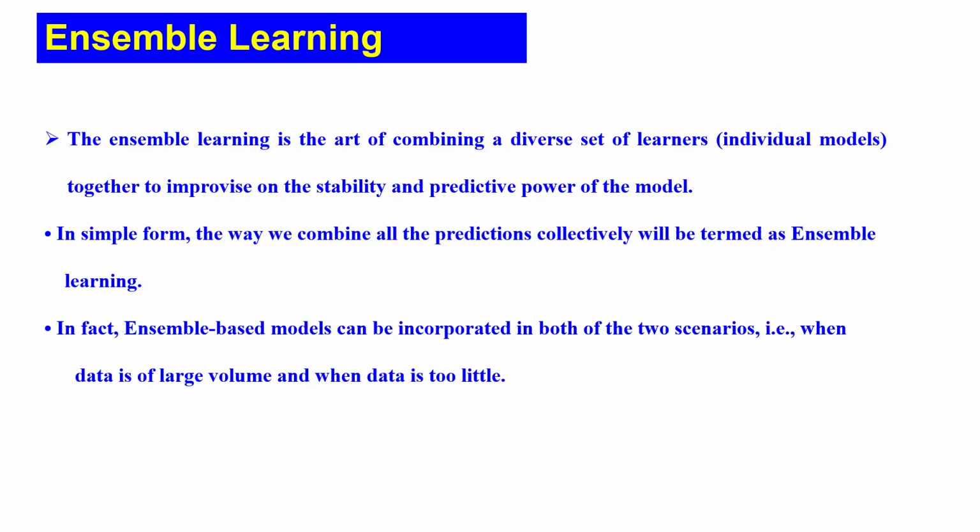So, ensemble based models can be used in two scenarios: when data is of large volume and when data is too little, both. That is also another advantage. Remember this is very important. So, ensemble models can be used in both situations, where you have more data or you have less data. Therefore, you can solve any problems. We have a scarcity of data, which is what most material science problems involve, or when you have a huge amount of data, like in big data problems, in both cases you can use ensemble learning.